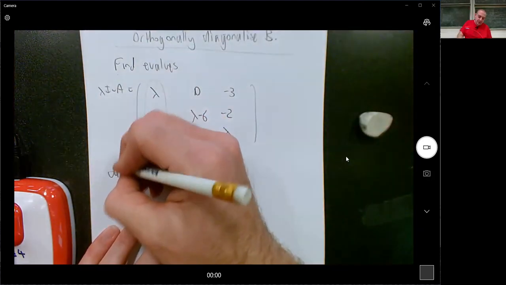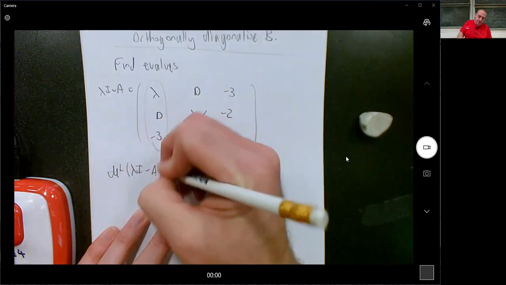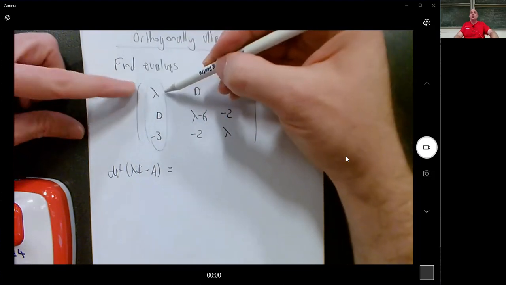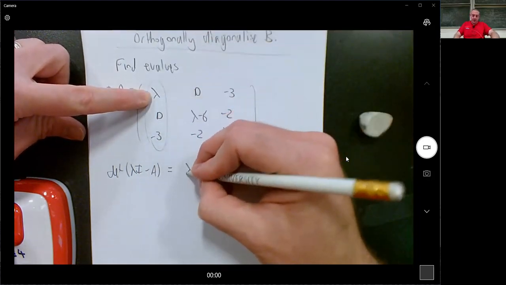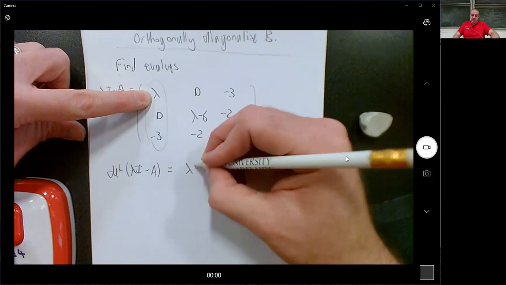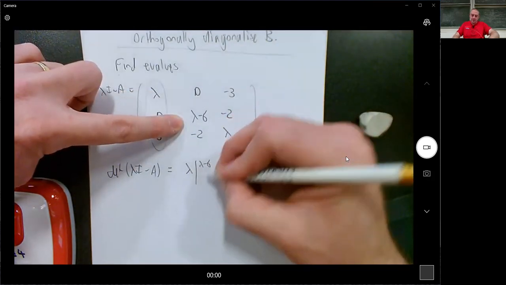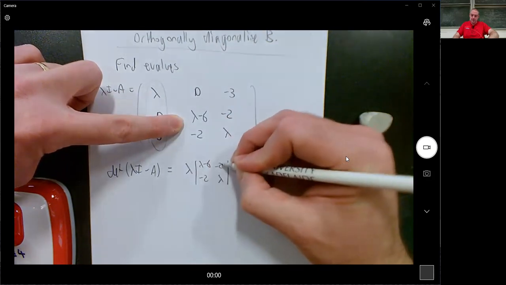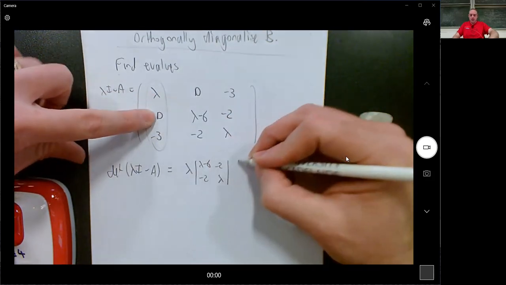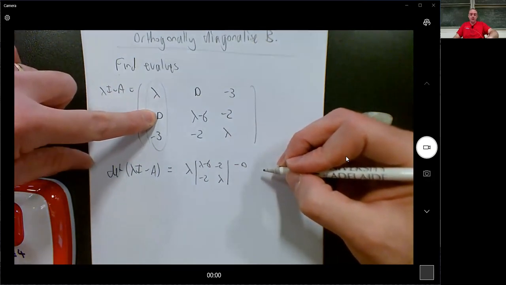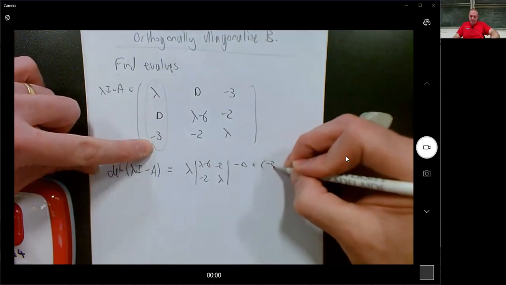So the determinant of lambda I minus A. It always goes plus in this top left corner. So plus lambda times something. And that something is lambda minus 6 times lambda minus 2, minus 0, and I don't really care what I multiply that by because it's times 0, plus minus 3.